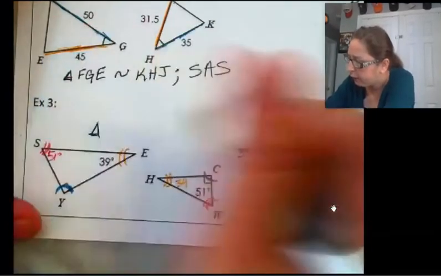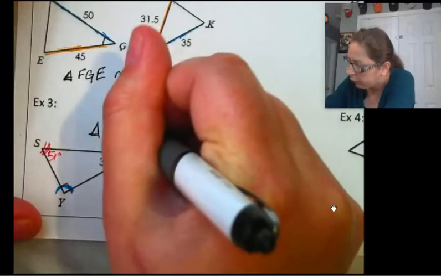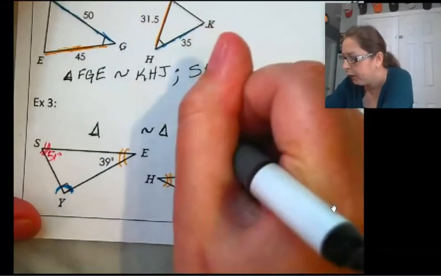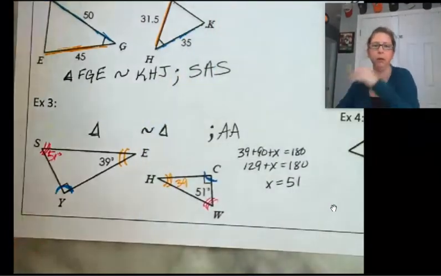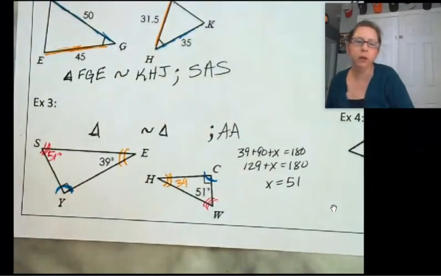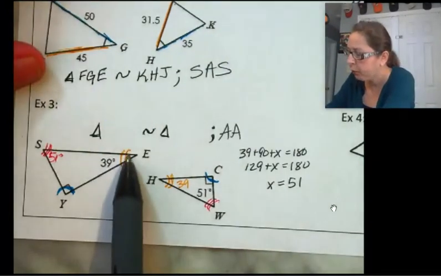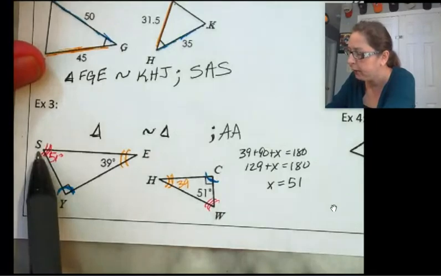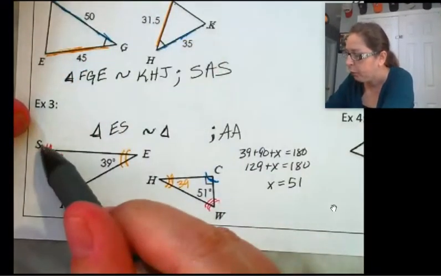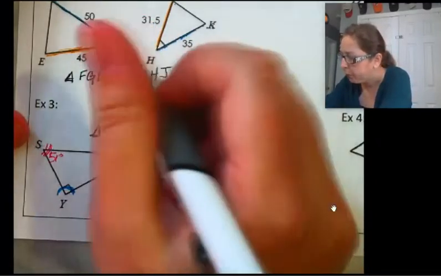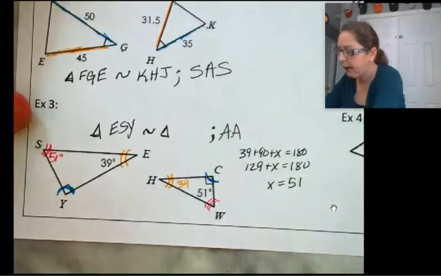So triangle, so I have a triangle going to be similar to another triangle using the angle, okay? So you can really kind of set this up however you want. I'm going to go orange to red, so E to S, and then red to blue, which is S to Y.